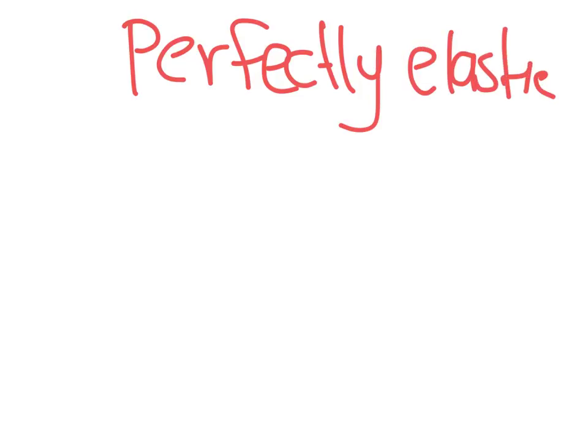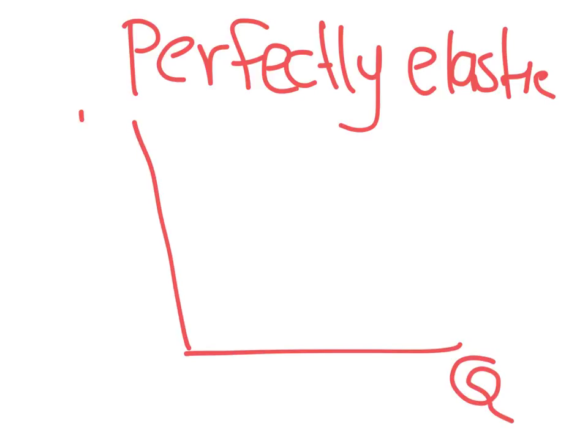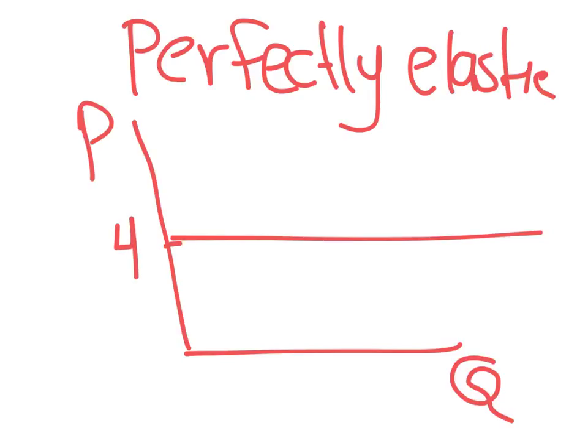With perfectly elastic, the quantity demanded changes infinitely with any change in the price. So this is the quantity and this is the price, and this is the demand. So the price, for example, is 4, and it would keep changing and changing forever.